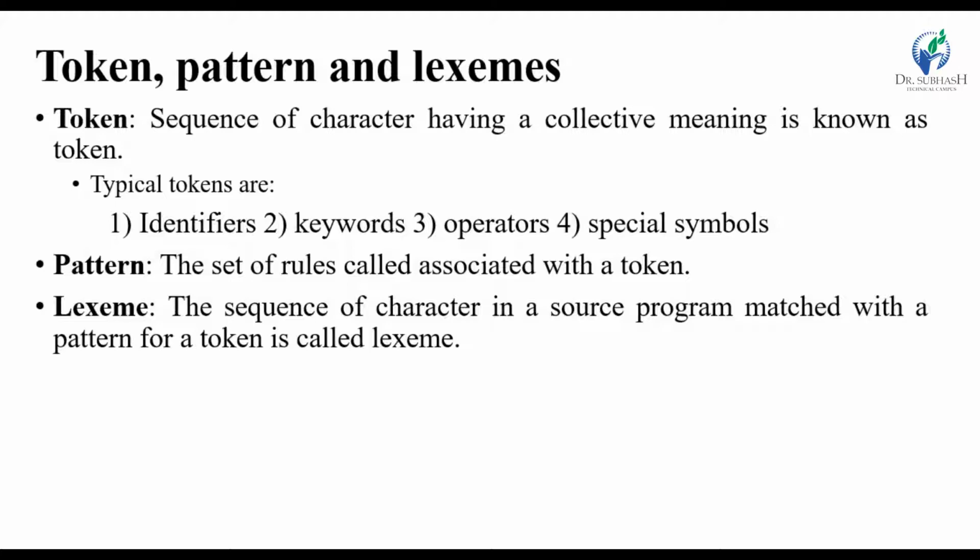Typical tokens are identifiers, keywords, operators, special symbols, etc. The token name is an abstract symbol representing a kind of lexical unit. A token has two values: first is the attribute name and second is the attribute value. The token names are the input symbols that the parser processes.